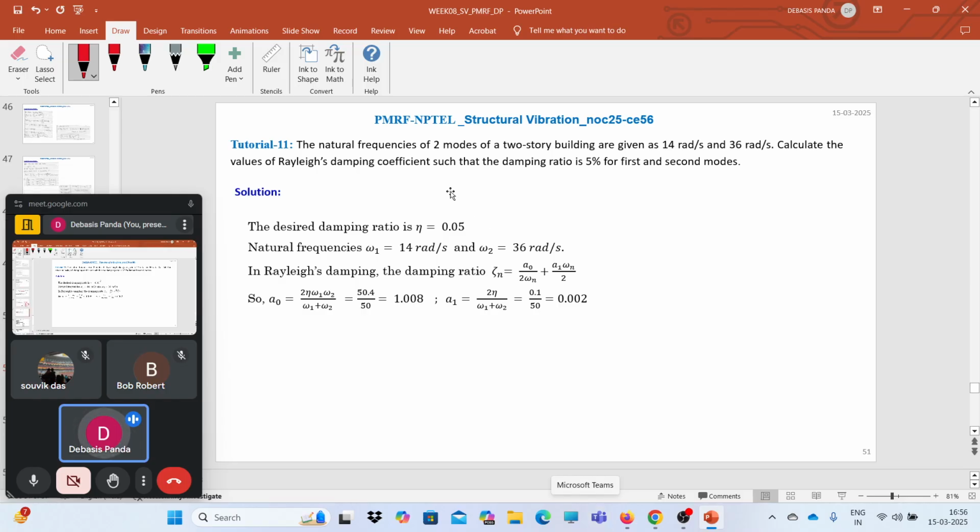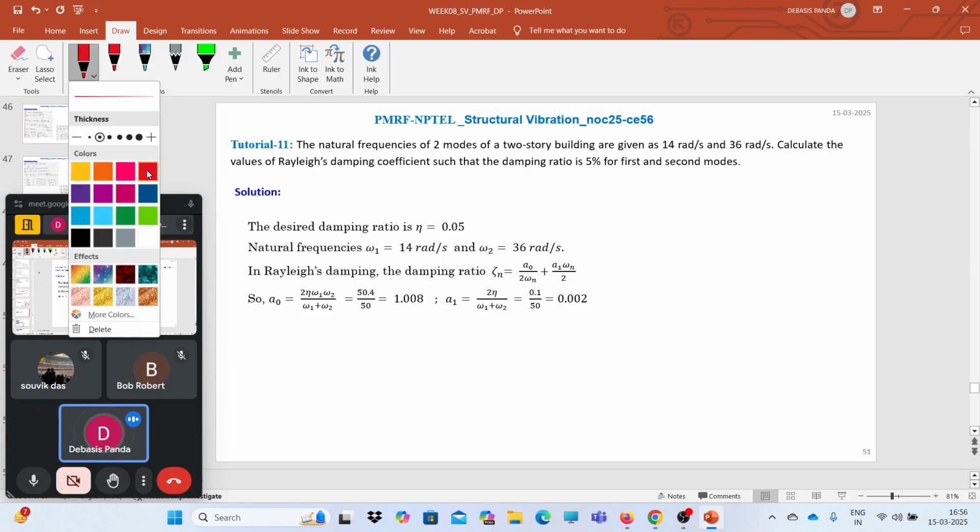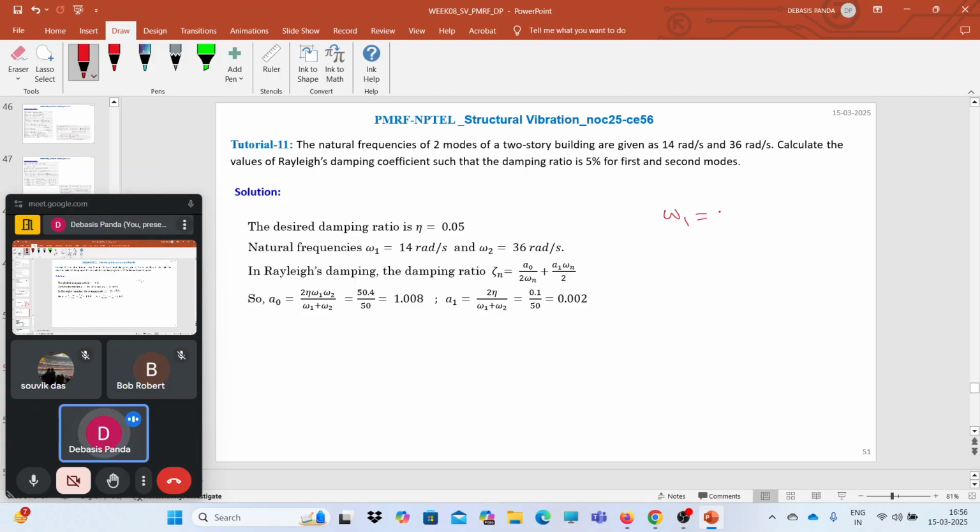Again, we have a similar kind of example: the natural frequencies of two modes of a two-story building are given as 14 rad per second and 36 rad per second. So omega 1 is 14 rad per second and omega 2 is 36 rad per second. Calculate the Rayleigh damping coefficients such that the damping ratio is 5% for the first and second modes.